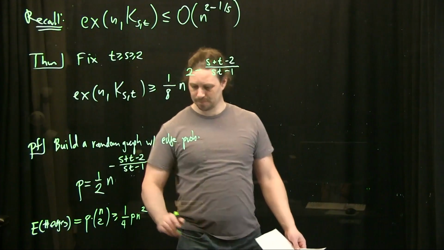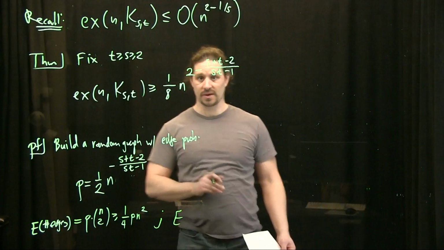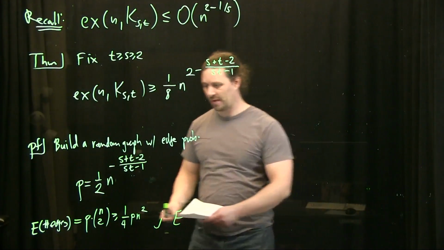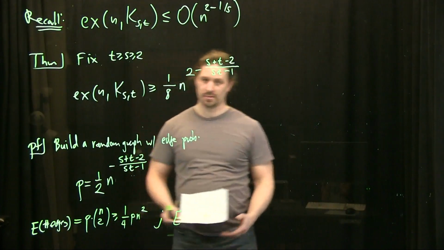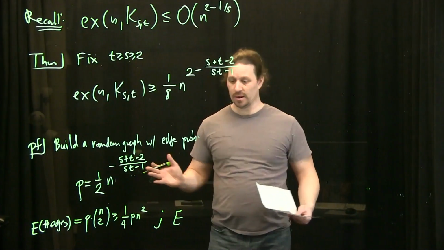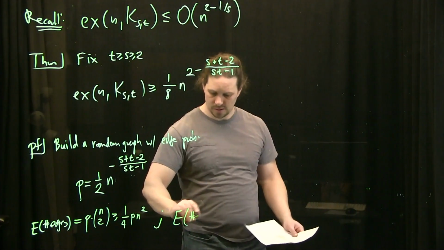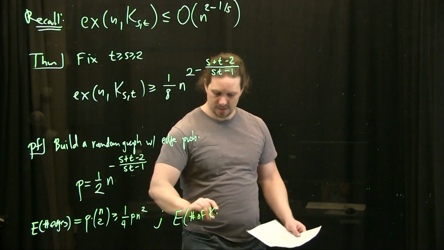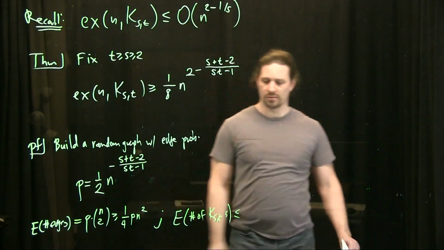Also, I want to know the expected number of copies of K_{s,t}. So we can produce this random graph. We have an expected number of edges. We also have an expected number of K_{s,t}'s. We're trying to have none, but we have an expected number, and I'm going to give an upper bound here, a really crude bound.